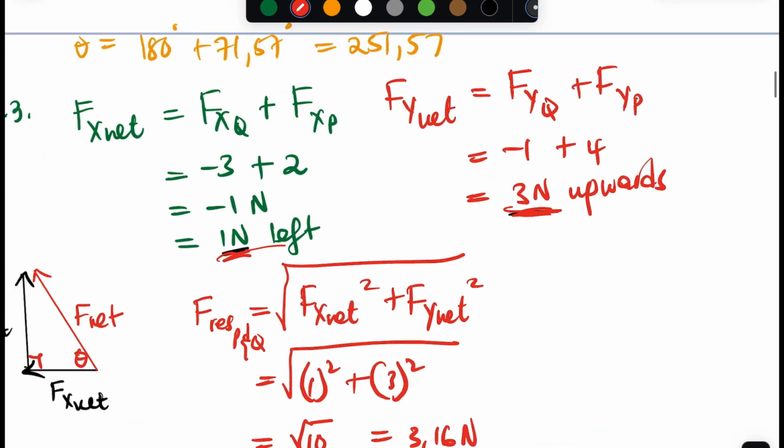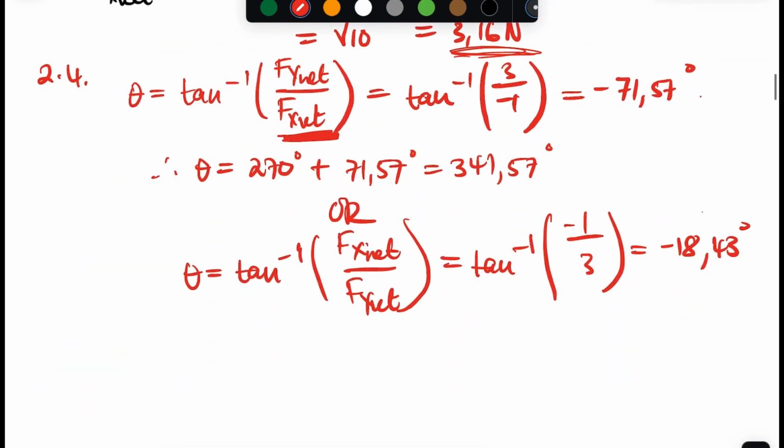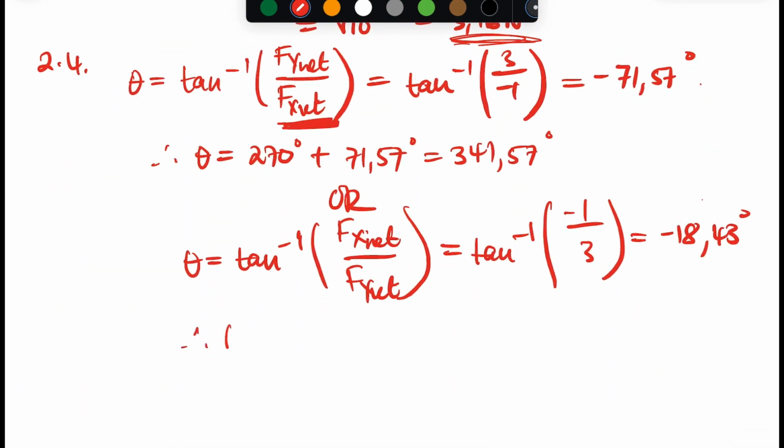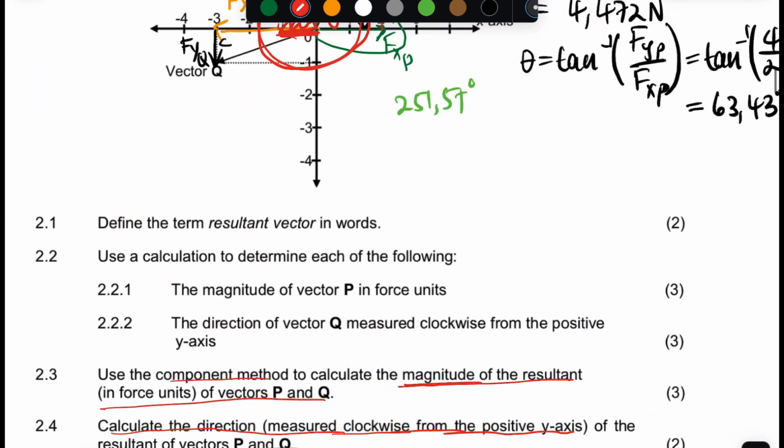So the negative 18.43 is this angle here. So you say 360 minus this angle, and it will give us the angle that starts from there to there. Therefore, the angle there is 360 degrees minus 18.43 degrees, and it's going to be 341.57 degrees. That's the end of the question.